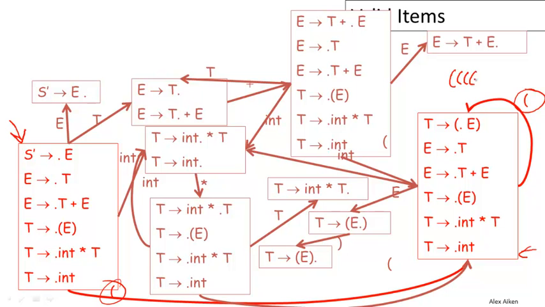So if I have a sequence of 5 open parens as my input, then I'll have transitions 1, 2, 3, 4, 5, all looping in this state, and notice that this item is one of the items in that state, and that just says that this item is valid for any sequence of open parens.